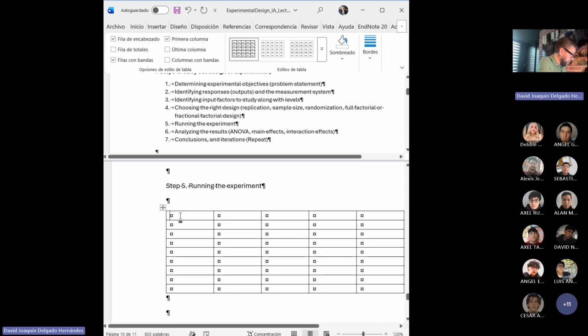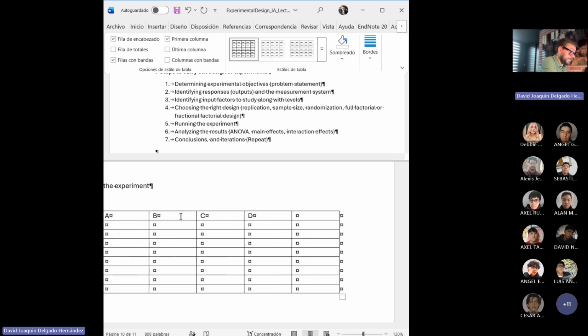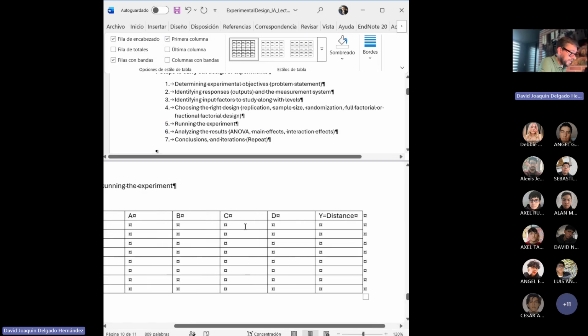So here I'm going to put the run. I am going to name the variables A, B, C, and D, and the Y, which is the response, which is the distance. So let us see what A means.